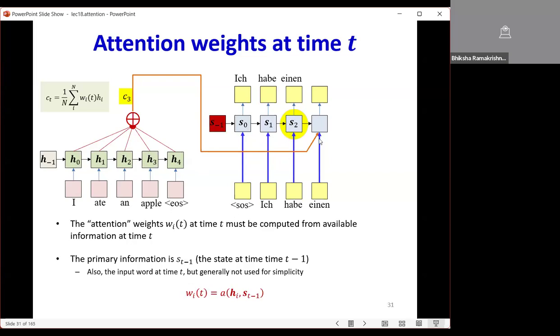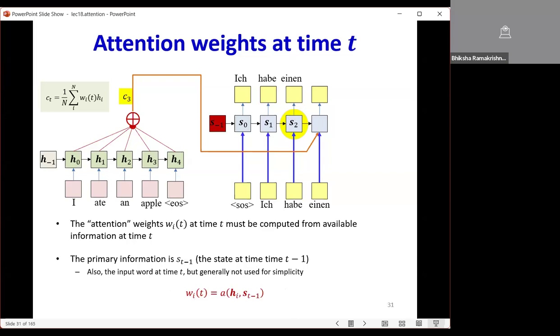So the weight at any output time t for any input i is going to be some function A of the hidden state at i and the output state at time t minus 1. Is this making sense? That's the equation at the bottom of the page.